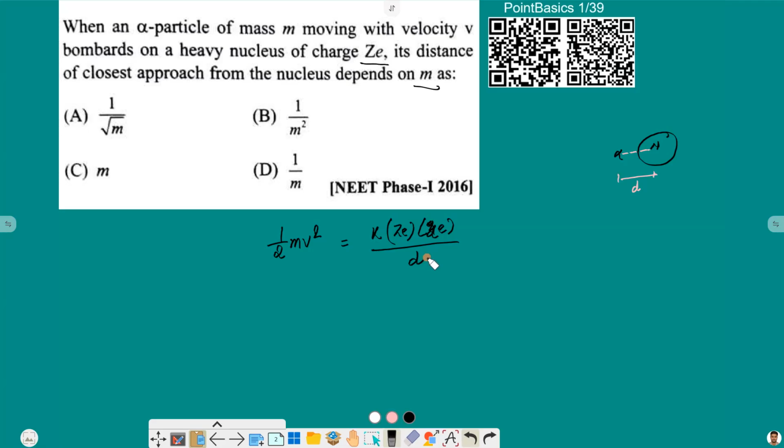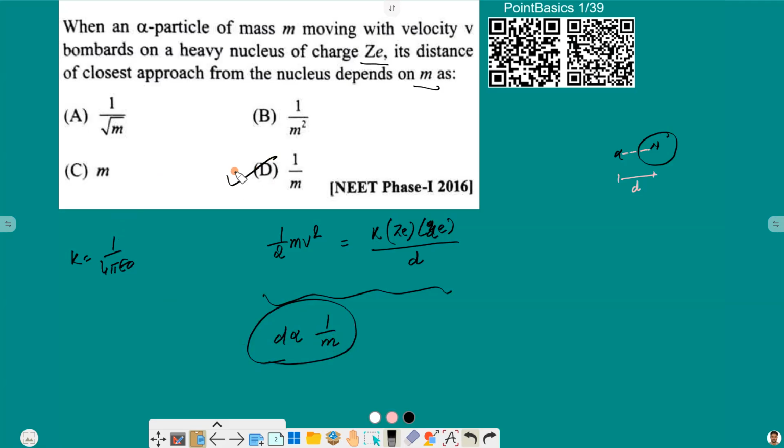Here k is basically 1 by 4 pi epsilon naught. So from this equation, we can write that d is inversely proportional to m, and that is option D for us.